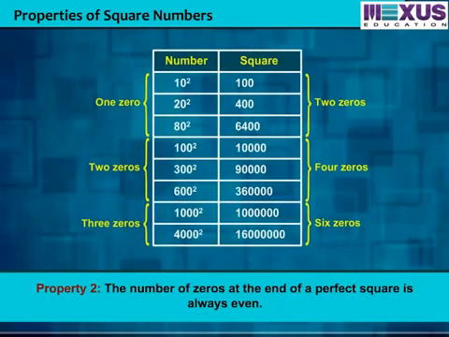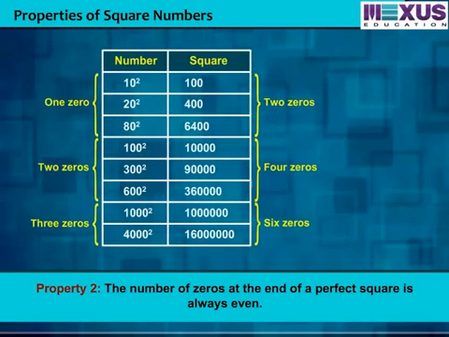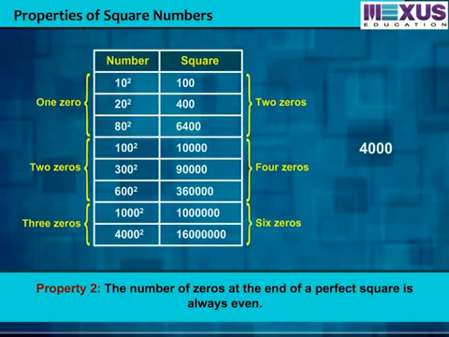The number of zeros at the end of a perfect square is always even. In other words, a number ending in an odd number of zeros is never a perfect square. For example, 400 is a perfect square, as the number of zeros is 2, even, and 4000 is not a perfect square, as the number of zeros is 3, odd.